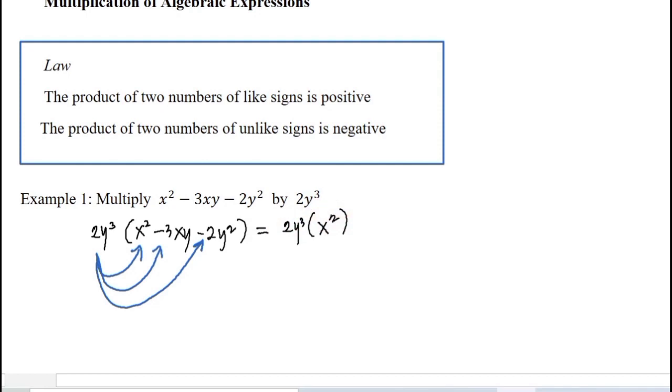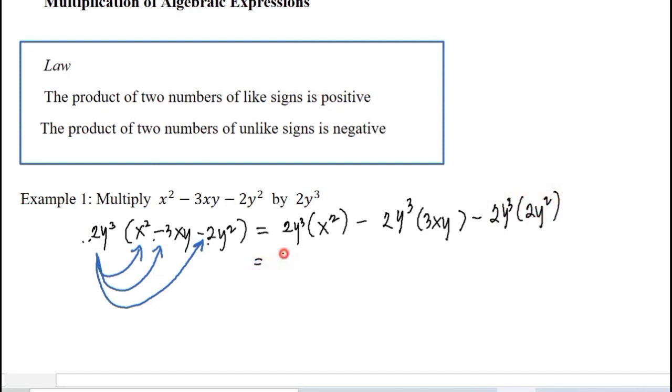Now, to distribute this, for the first term, that's 2y cubed multiplied by the first term, x squared. And for the second term, that's positive times negative, so that's negative 2y cubed times 3xy. And we have here positive times negative, so that's negative 2y cubed times 2y squared.